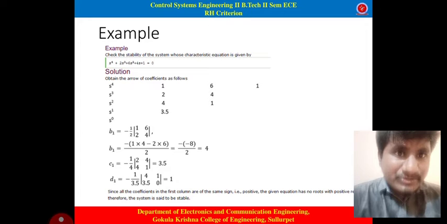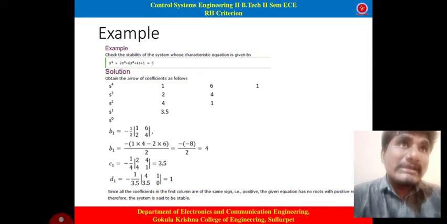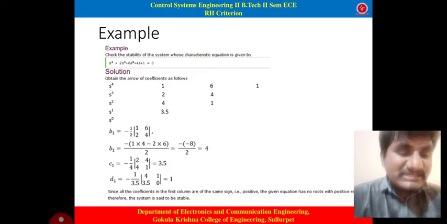Similarly, when you are trying to calculate the coefficients in the S power 1 row, you need to divide some determinant by 4. Understand? And so on. So when you are trying to fill the terms in some specific rows, you need to divide some determinant by the coefficient which is in the first place in the row above.